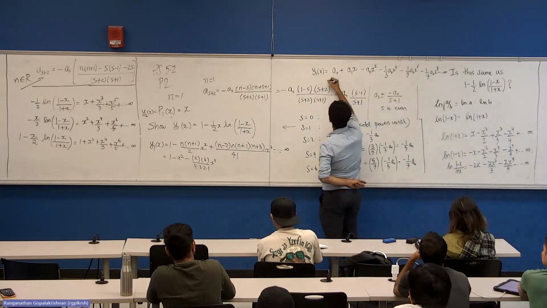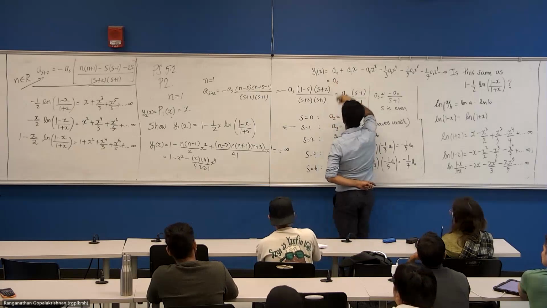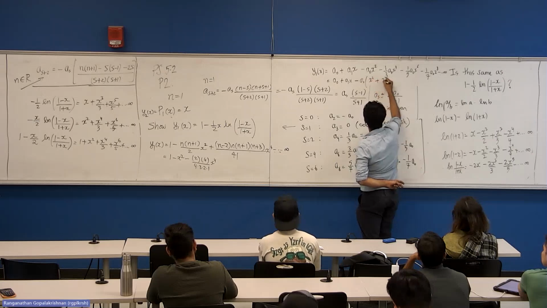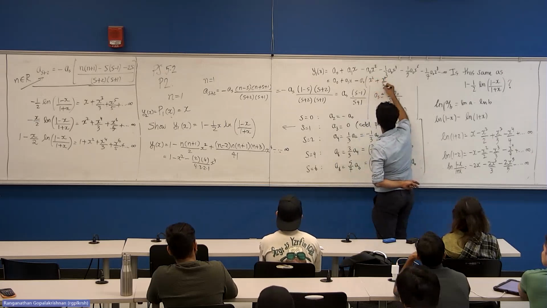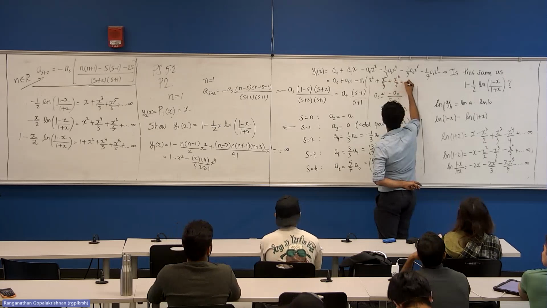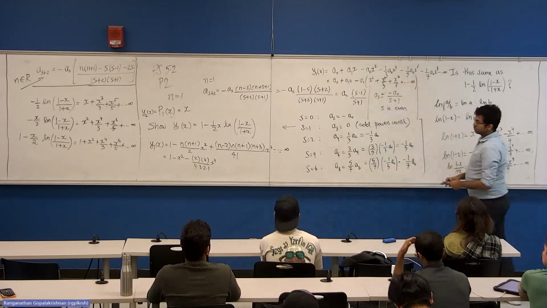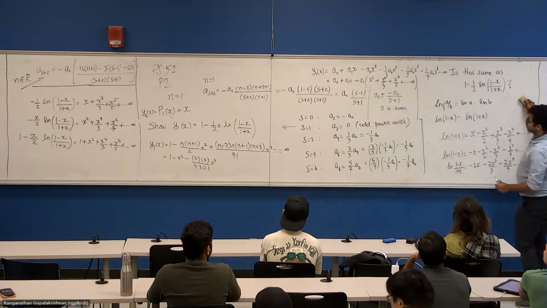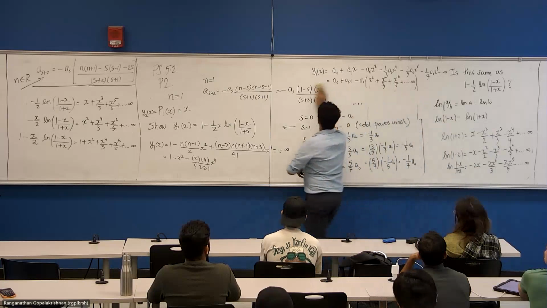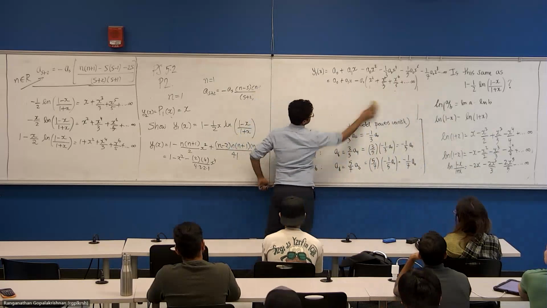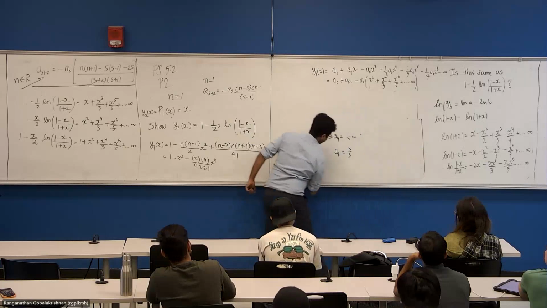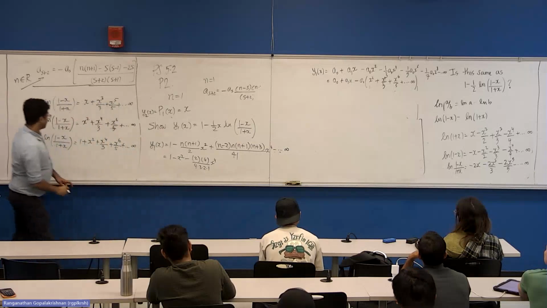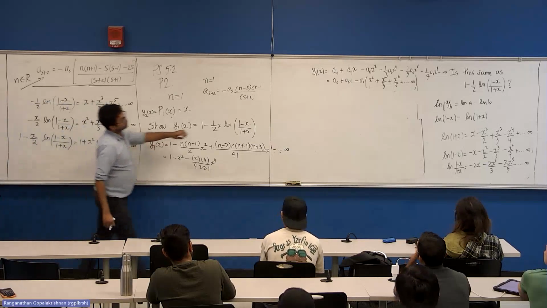This is a naught plus a1x minus a naught x squared plus x to the fourth over 3 plus x to the sixth over 5 and so on up to infinity. Okay, how do we reconcile this expression with this expression?